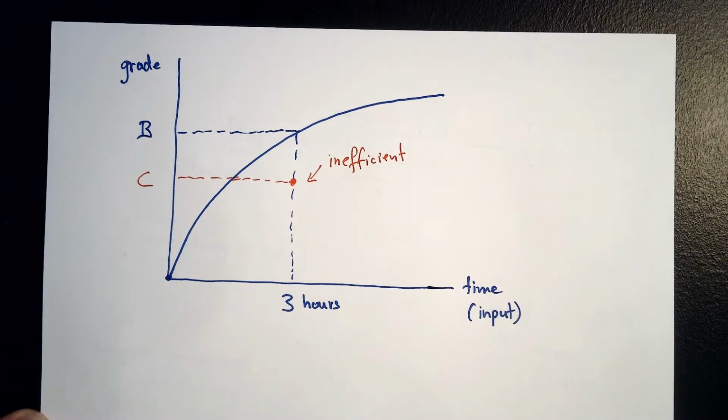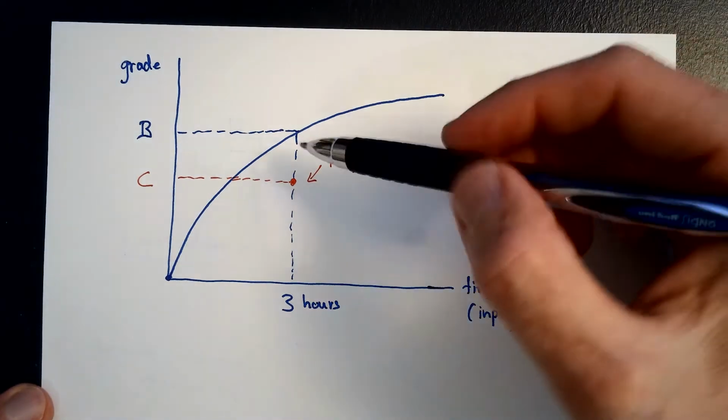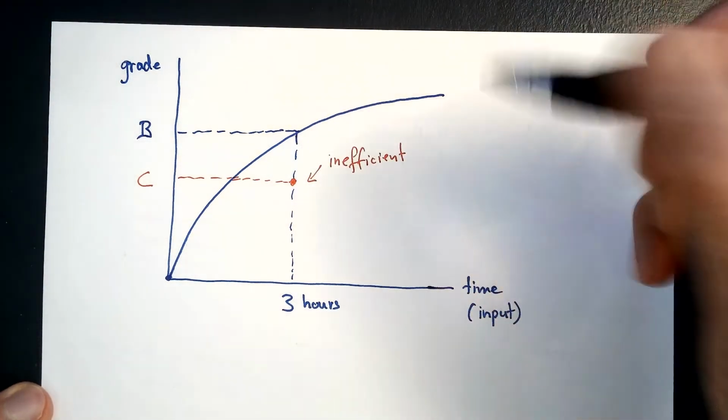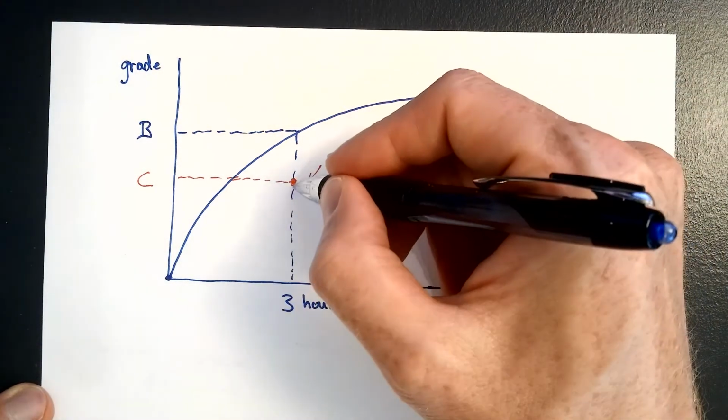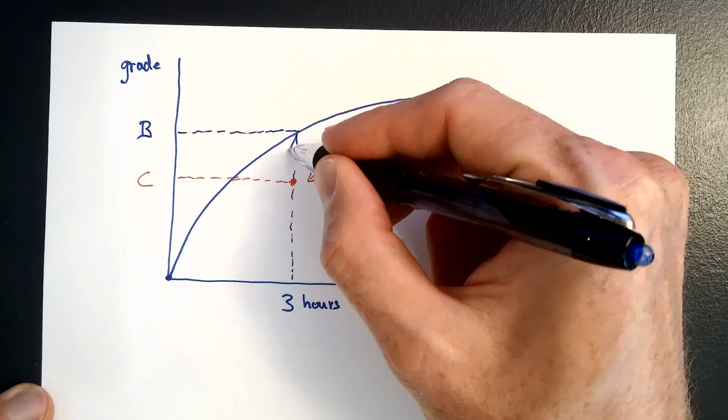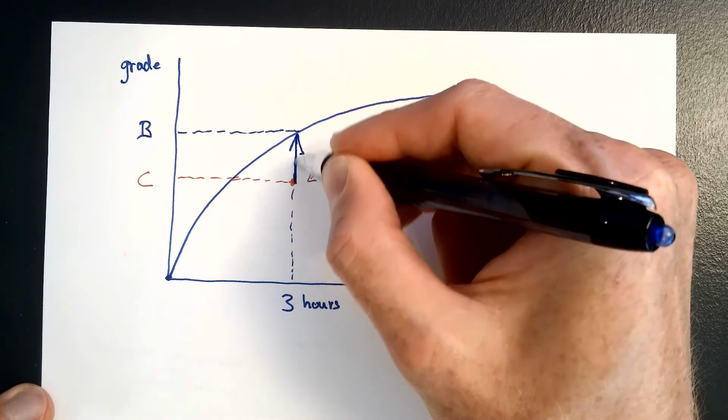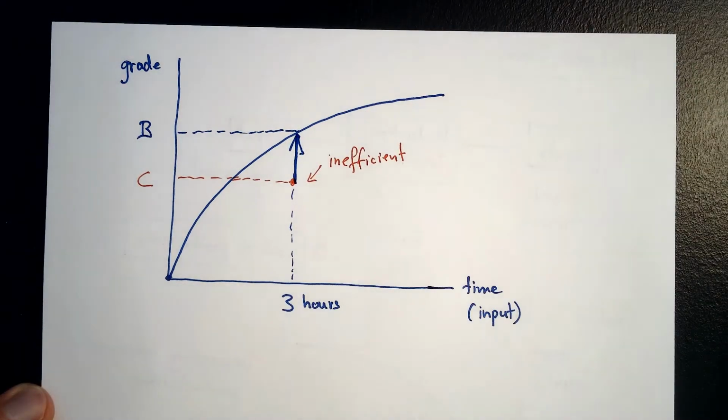And you can see that by looking at this from two angles. Either you turn off the music and you're still spending 3 hours and you're moving from a C to a B. So that is one possibility.